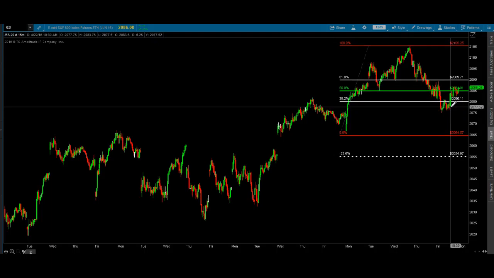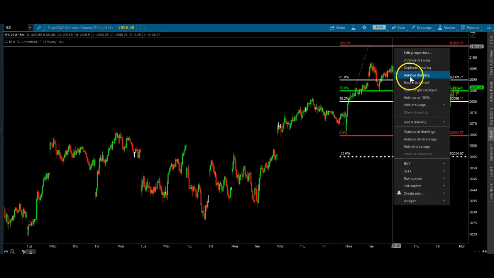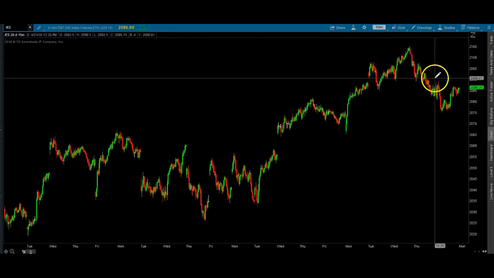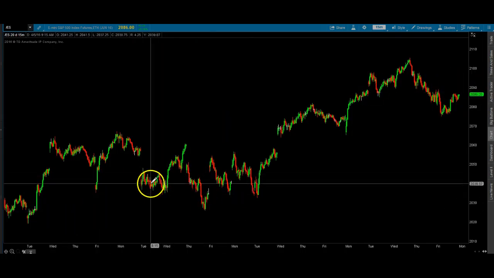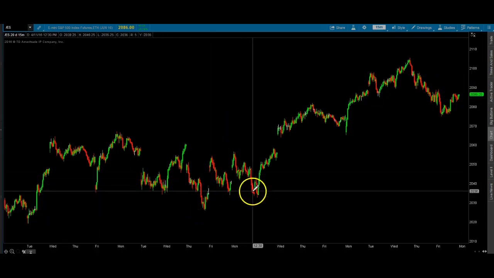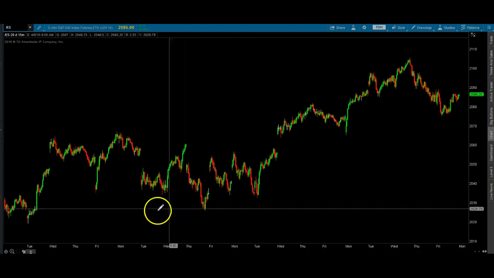Again, maybe it's 1, 2, 3, 4, 5, 10 points, who knows? I just read the market as it gives it to me in real time, okay? But these patterns work all the time, and you'll see it. I'll give you an example. Right here, we have a shoulder, a head, and another shoulder, right? Here's our neckline.